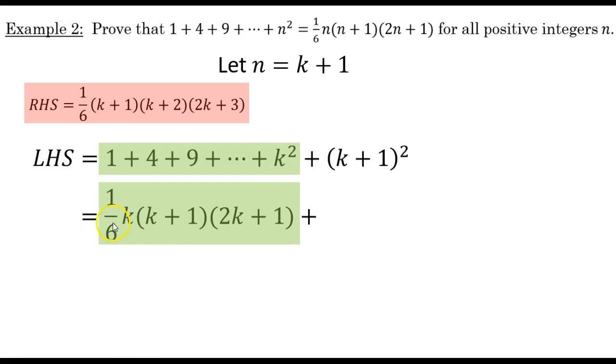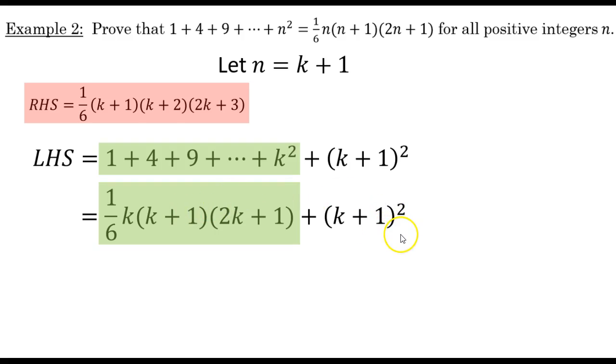Now the sum of the first k terms was equal to this, you'll remember, from when we assumed n equals k was true. So that was the right-hand side we hinted was likely to substitute into the left. So I've got that plus my k plus 1 squared. Now I've got this expression, I need it to look like this.